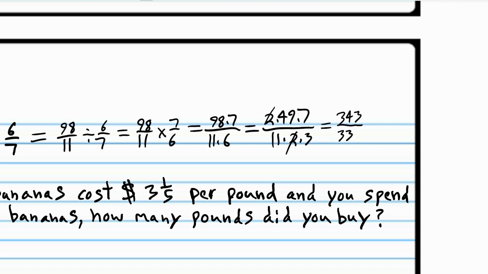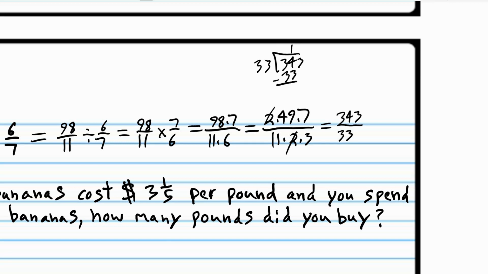So seeing how many times 33 goes into another number, that's just division. So you can use the long division algorithm. We're dividing 343 by 33. How many times does 33 go into 3? It doesn't go in at all. How many times does 33 go into 34? It goes in one time. That's the first step of the cycle. Second step, 33 times 1 is 33.